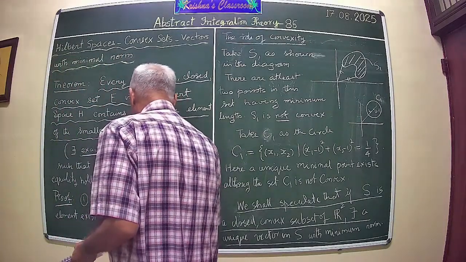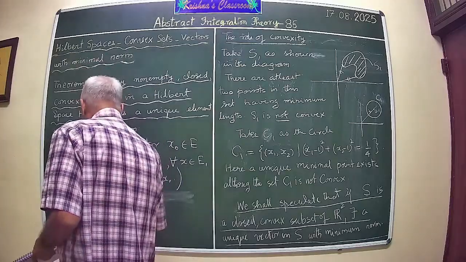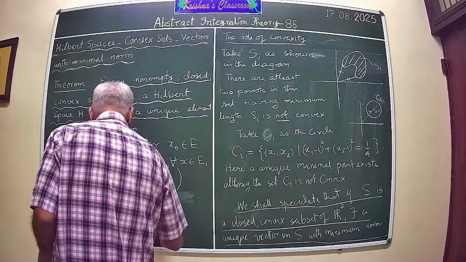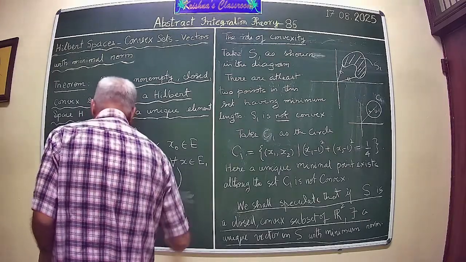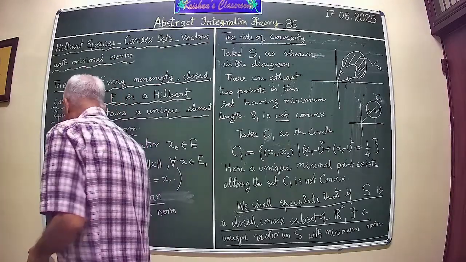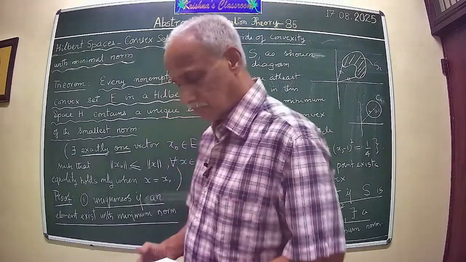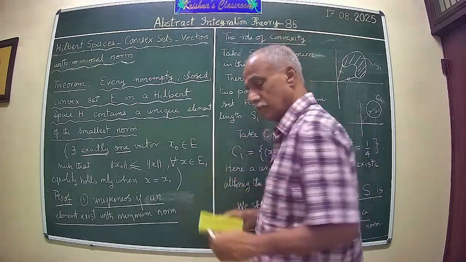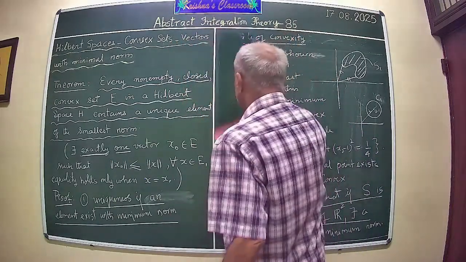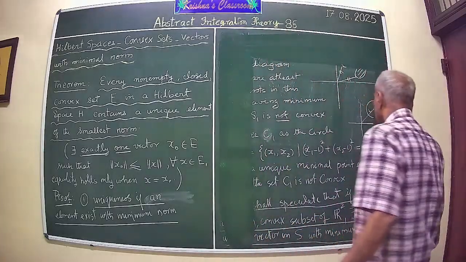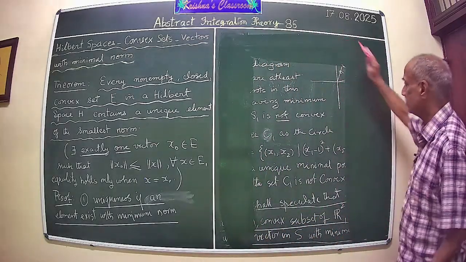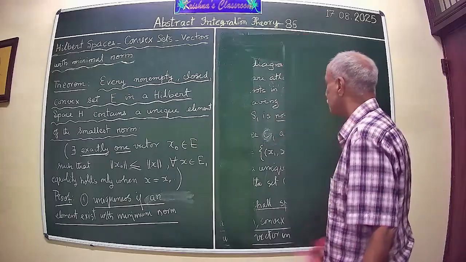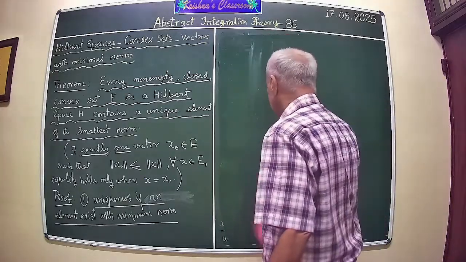If an element is minimum, this is what we are going to do. Suppose there exist two such elements. Then we show that they are one and the same, under the conditions of the theorem.